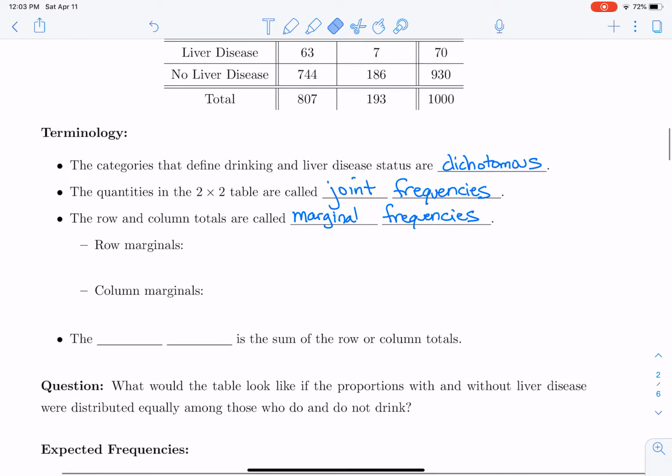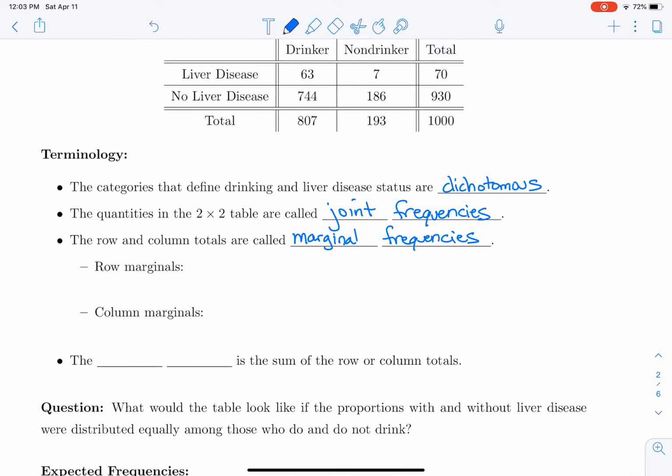So, for example, for the row marginals, we have 70 people with liver disease and 930 without.